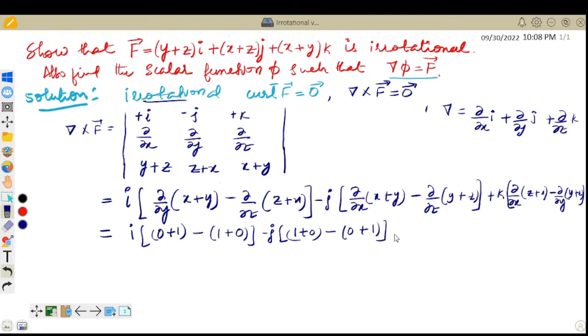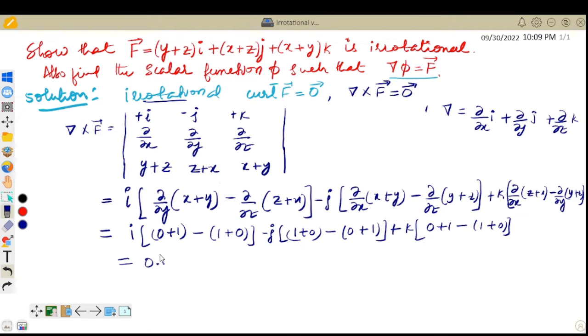Remember that we are differentiating partially. Plus k times of partial differentiation of z plus x with respect to x: z is 0, x is 1, minus differentiation of y plus z with respect to y is 1 plus 0. So 0 plus 1 is 1, minus 1 plus 0 is 1, 1 minus 1 is 0.